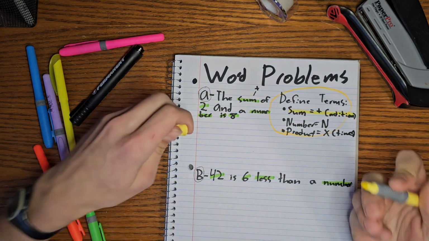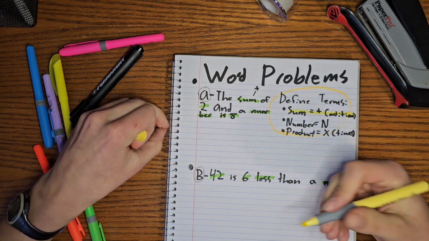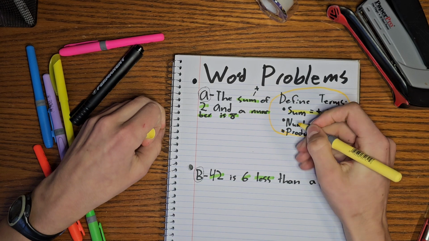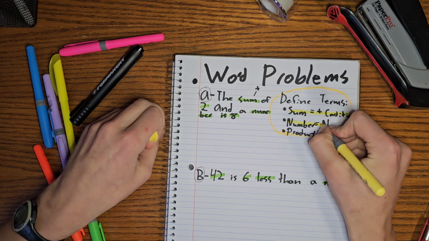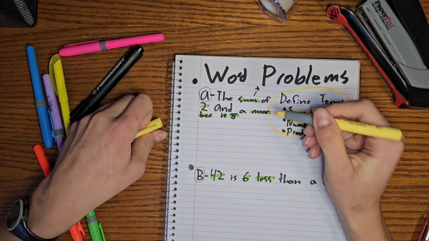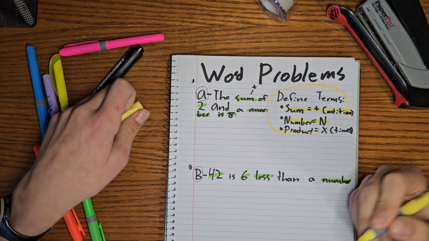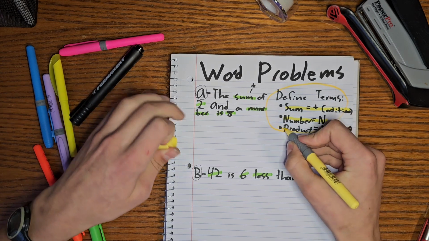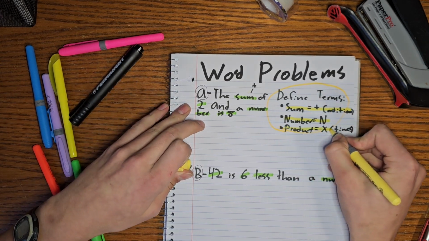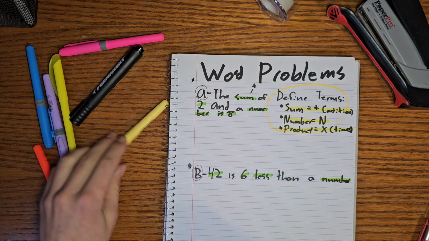Number: since we're only going to be dealing with one variable in an equation, we are just going to be using n. N is our number. So whenever you see number here, you think n. And product means times. So the product of a number, the product is times, so it's x.